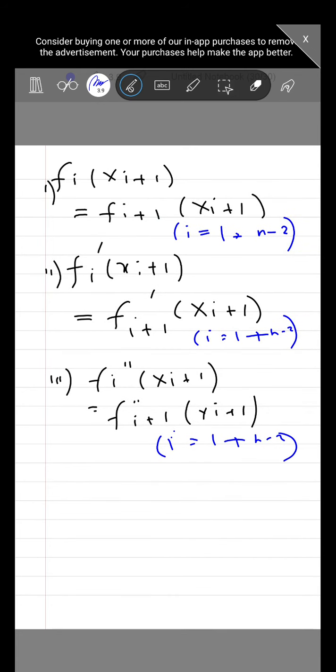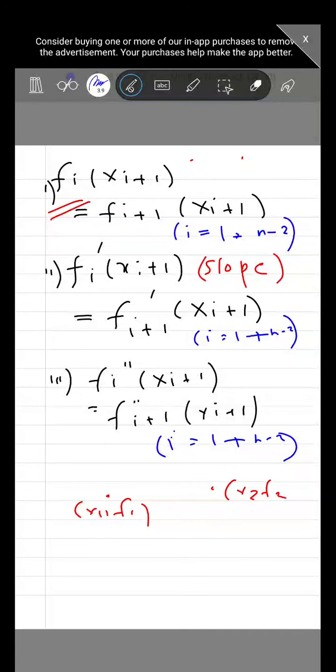So what are these three conditions physically? The first condition means the joining of the points. The second condition stands for the slope, so that we have the same slope. Because if there are two points like this one, x1 and f1, and this one, x2 and f2, then there are different ways by which we can join them.